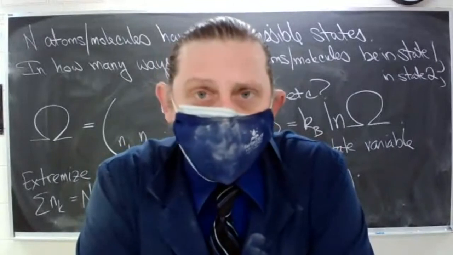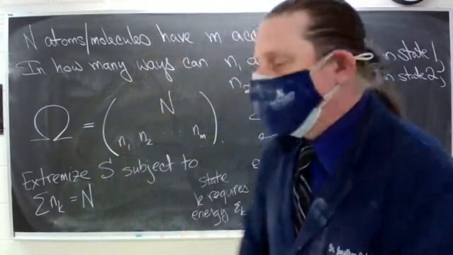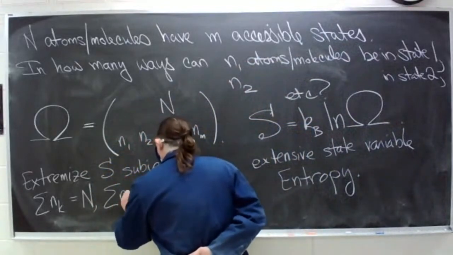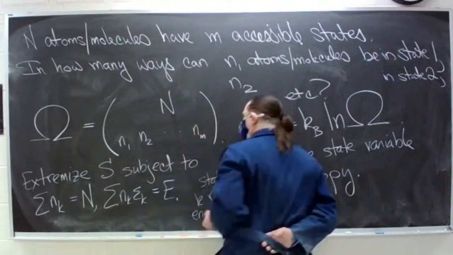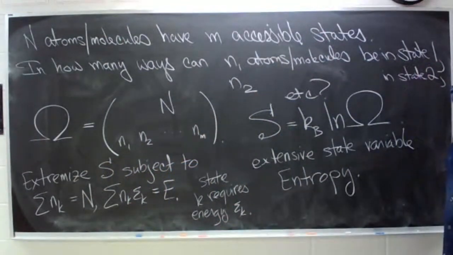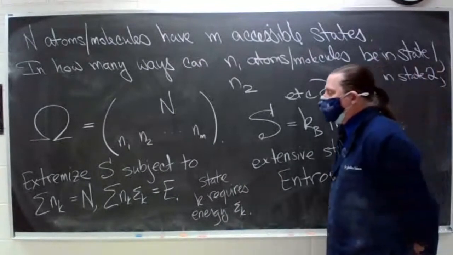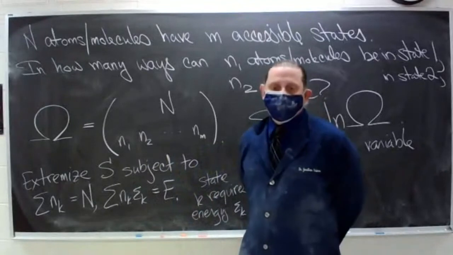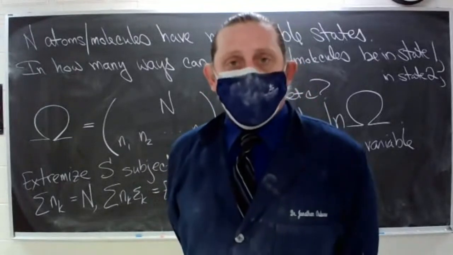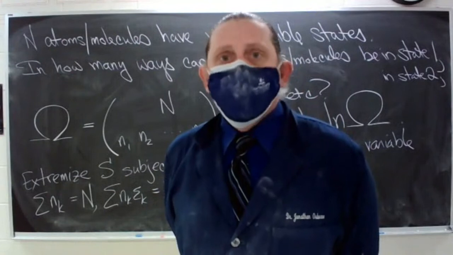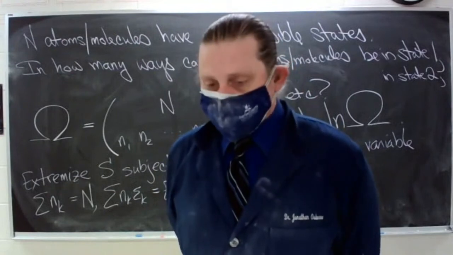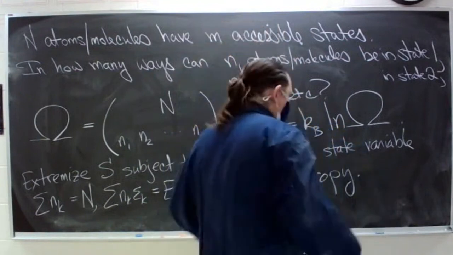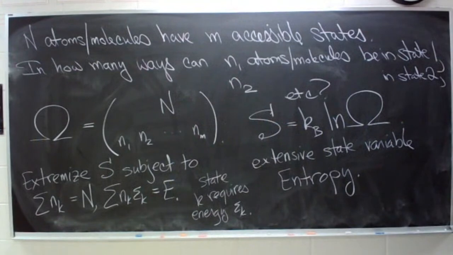Lowercase e is spoken for. So we're going to use epsilon. And there we go. So I'm going to extremize the entropy subject to these two constraints. The total number of atoms, molecules is constant, and the total energy of the system is constant. All right? So let's see what we got up in here.